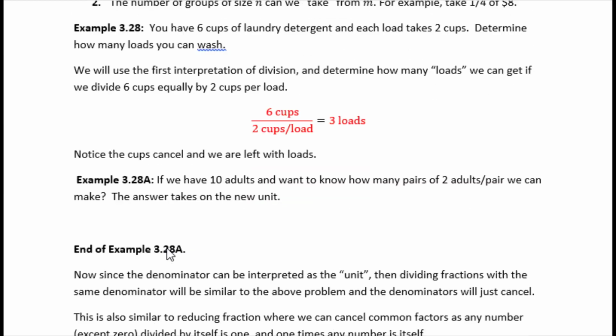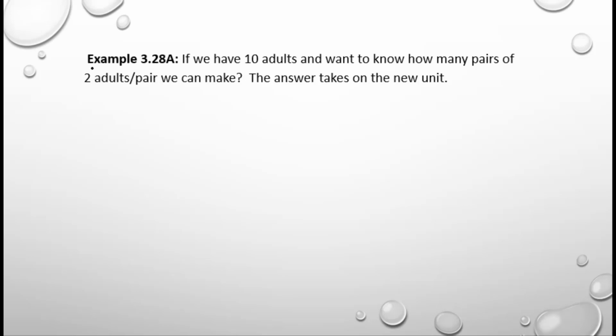So we're going to switch to doing 3.28a. So here's our first example. It's a very simple problem, but the answer is not so simple until you see it.